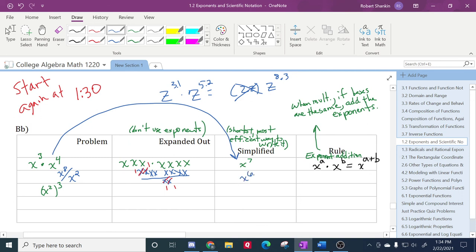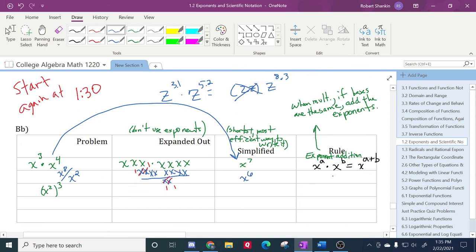And what's the rule? I forget. Let me see if the group chat has it. Any ideas? x to the power of a minus b.